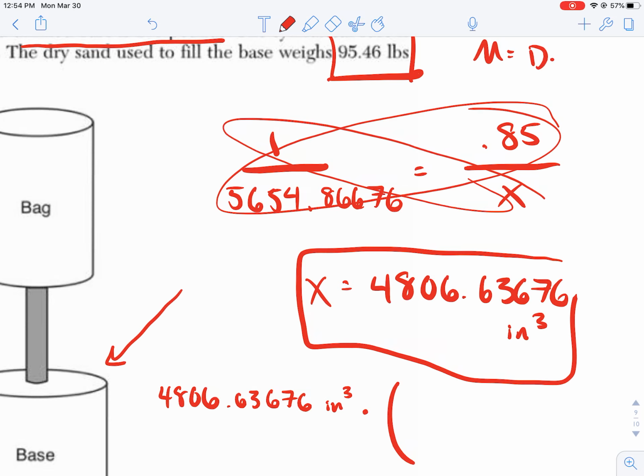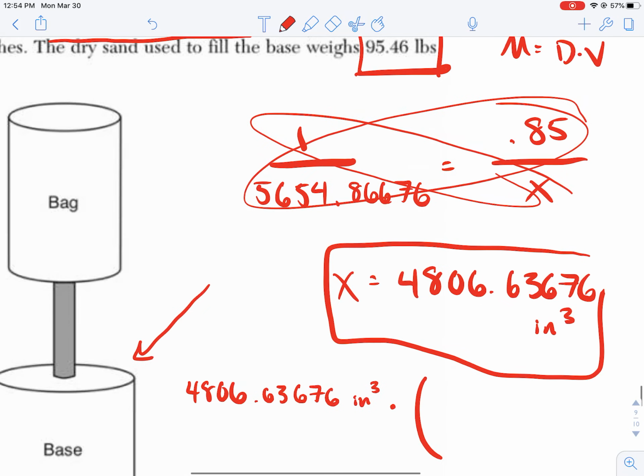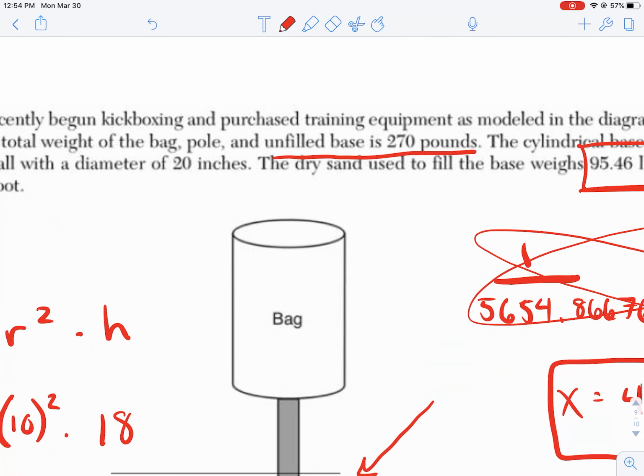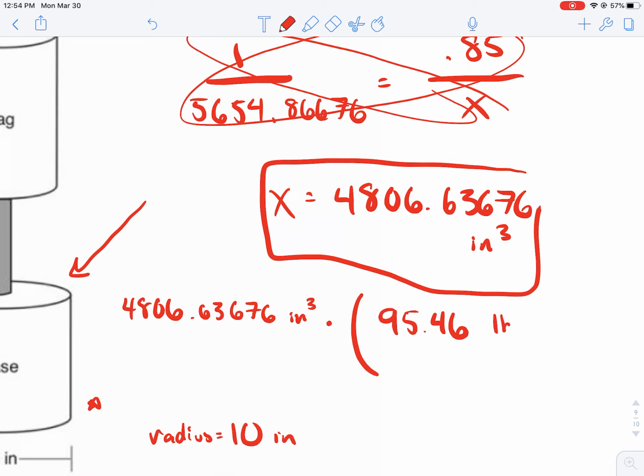In order to find our mass, we're going to multiply our volume and our density. Mass is equal to density times volume. So this is our volume, this is our density, and our density was 95.46 pounds per cubic foot. Okay, so it's pounds per feet cubed.